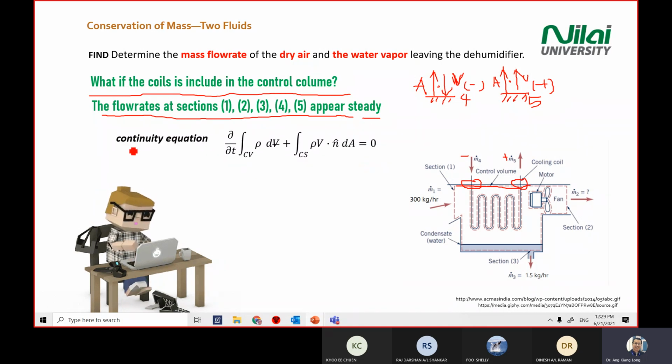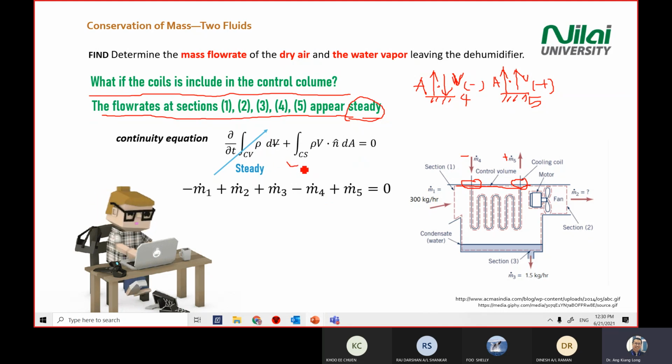Again, write the continuity equation: the integration over the control volume plus the integration over the control surface equals 0. Since you're using the steady assumption, draw the arrow and write steady; you score some marks for this effort.